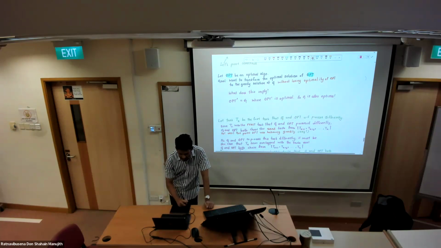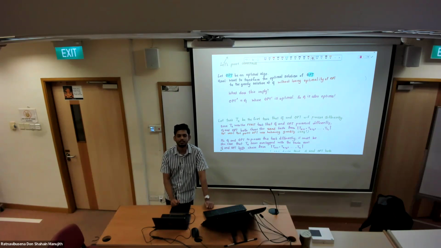Since Tk was the first task that G and OPT process differently, that means G and OPT both chose the same tasks from Tk plus 1 until Tn. Is that clear?